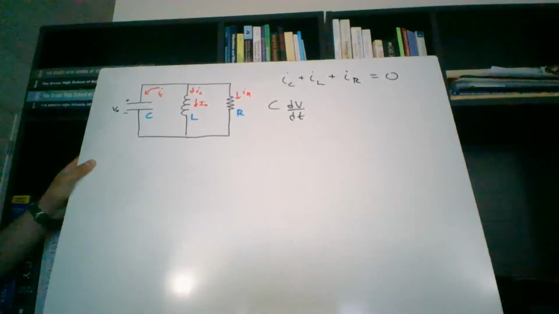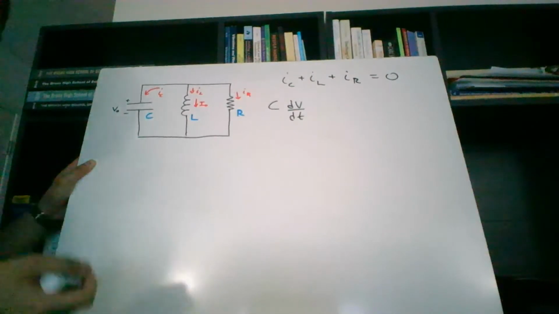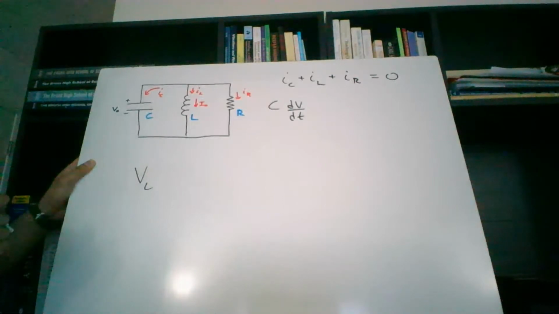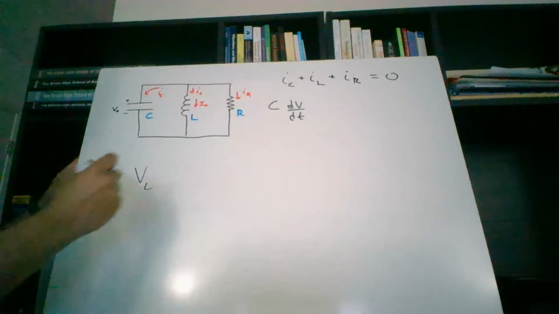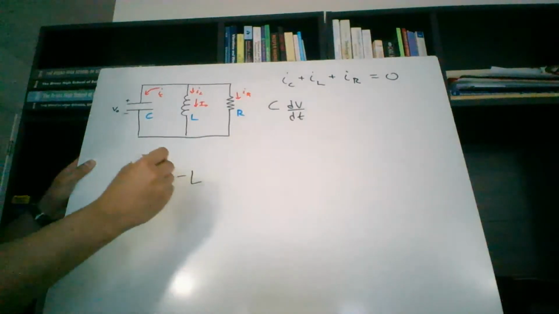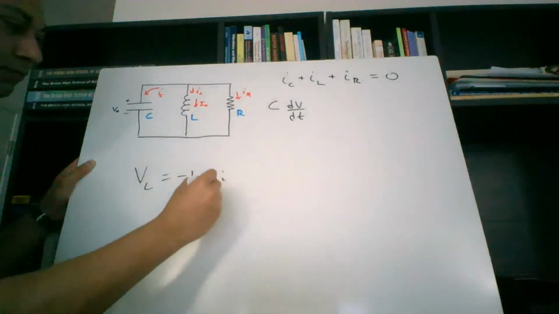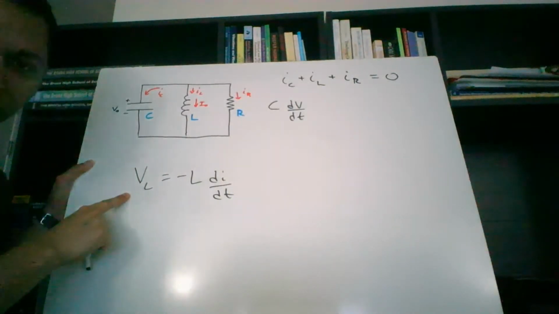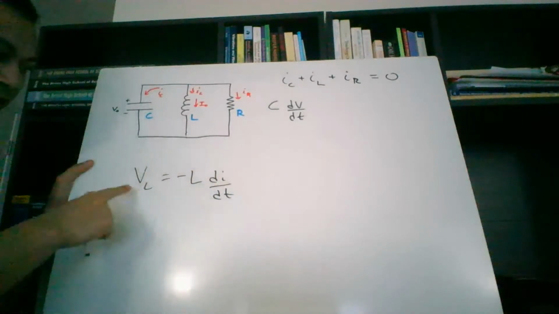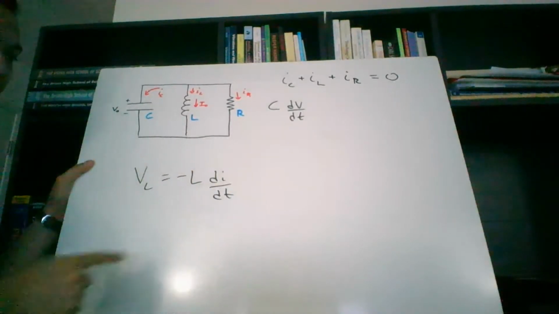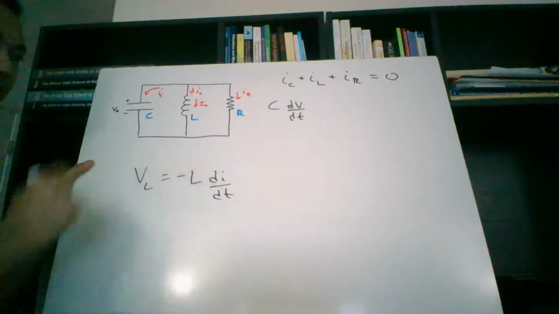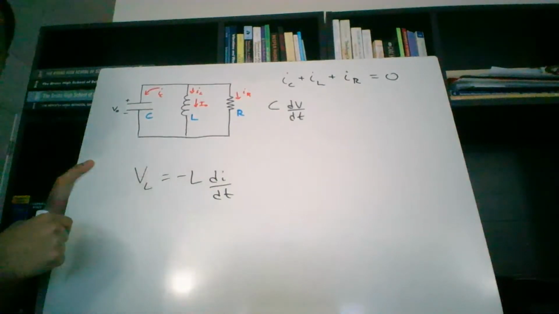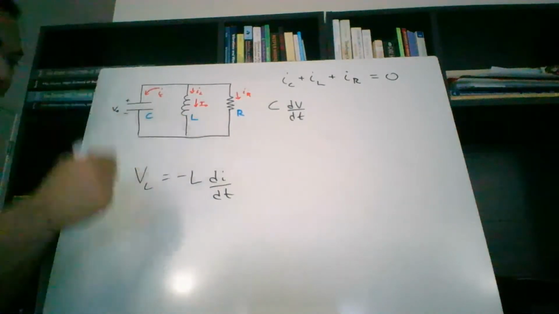Let's go on to the current of the inductor. Now, we have an equation for the voltage of an inductor. We'll write it as the voltage of the inductor is equal to negative L times dI dt. That's the equation for the voltage of an inductor, and this one we should know. What we could do is solve for I, okay? So bring the dt to the other side. You could leave the negative sign, whatever you want.